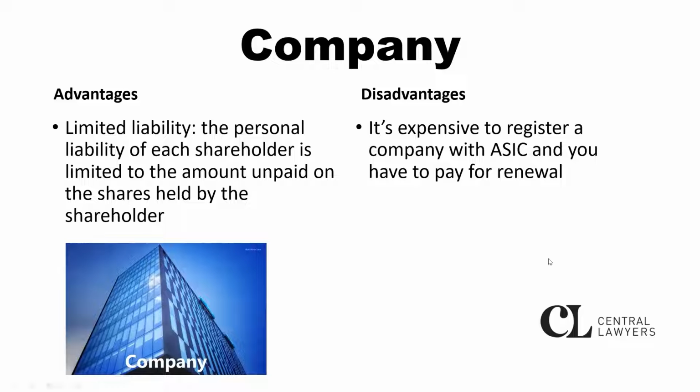And either way, when you have a turnover over 75,000, you start to think about registering for goods and services tax, GST. You have to comply with the Corporations Act, and there's a lot more regulation, but I won't go into any of that.